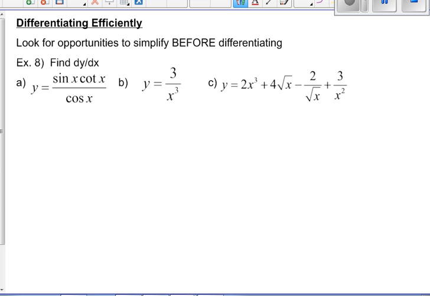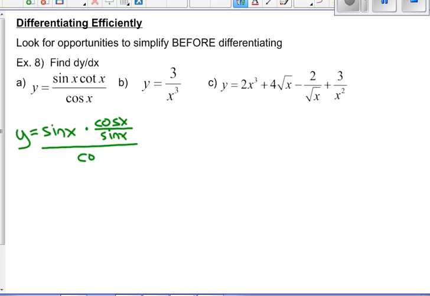The last thing we're going to talk about is differentiating efficiently. So we want to look at opportunities to simplify before differentiating. If I look for the derivative in this first one, I'm going to have a mess. I've got a product on top, and then I'll have a quotient rule. But if instead I start thinking about it, well, cotangent, that's going to be cosine over sine.